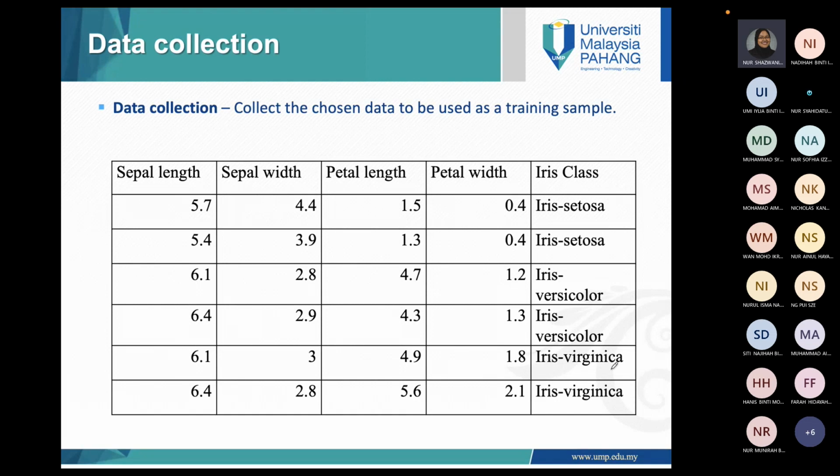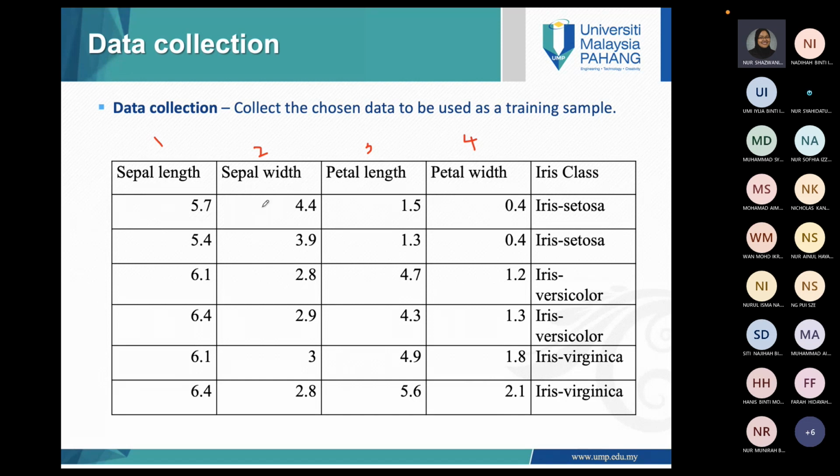For this data set, we have 4 attributes. The first is sepal length, the second attribute is sepal width, the third attribute is petal length, and the fourth attribute is petal width. So 4 attributes for this data collection.